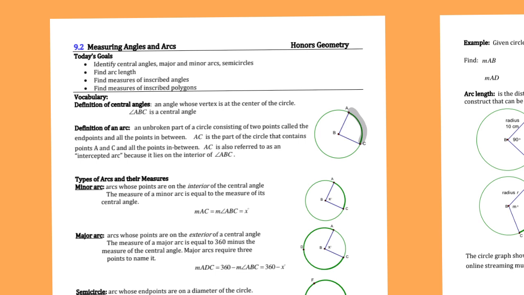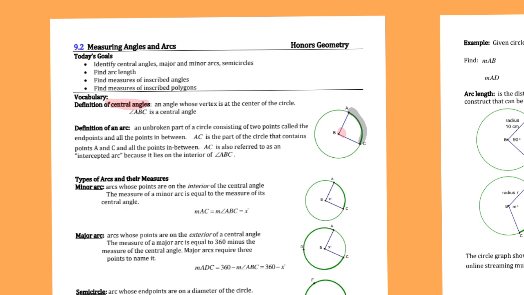Okay, so a central angle would be the angle that's formed if you have a vertex in the center of the circle. So ABC is a central angle. So this is a central angle right here. So B is in the center, the vertex is in the center, and it's a certain number of degrees.